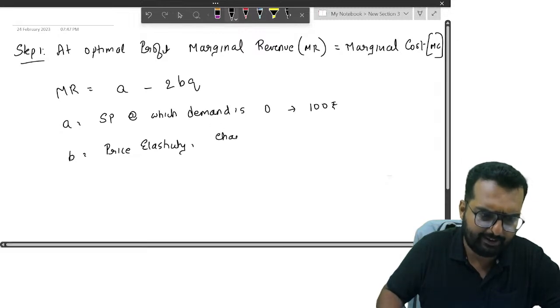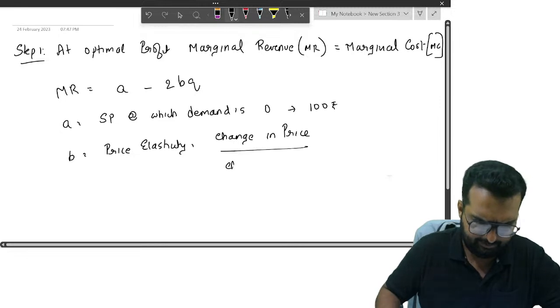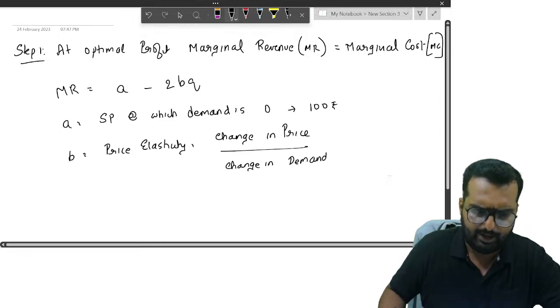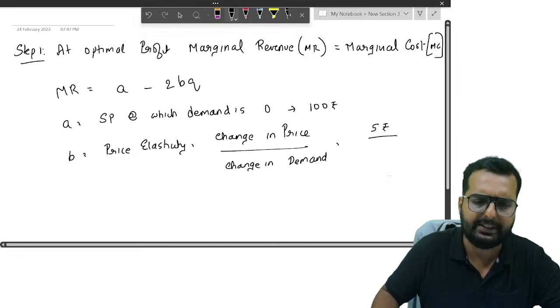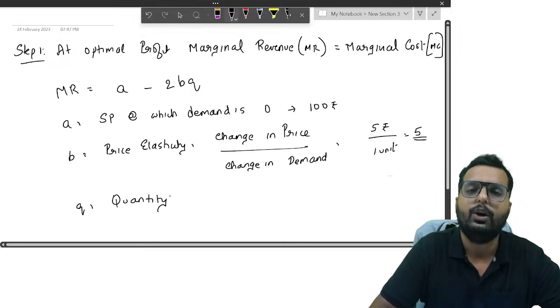The formula for price elasticity is change in price divided by change in demand. In our case, for every 5 rupee change in the price, our demand is changing by 1 unit. So can I say the answer is 5 over here? And Q is the quantity or the number of units.